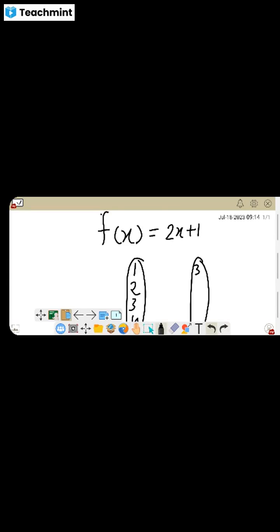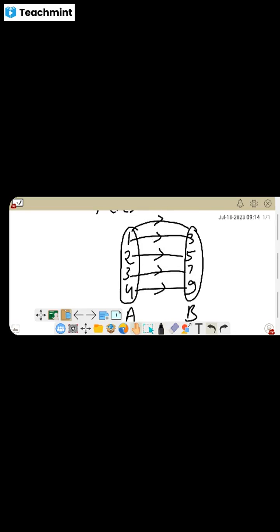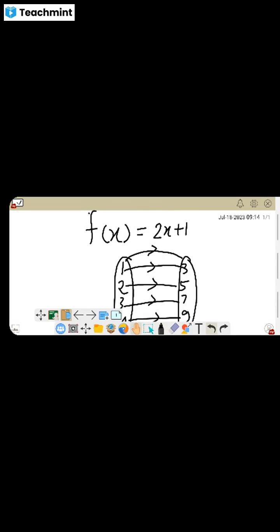Now put 2, then we have 5, 3 gives 7, and 4 gives 9. So 1 is associated with 3, 2 with 5, 3 with 7, and 4 with 9. So each element of A is associated with a unique element of B.